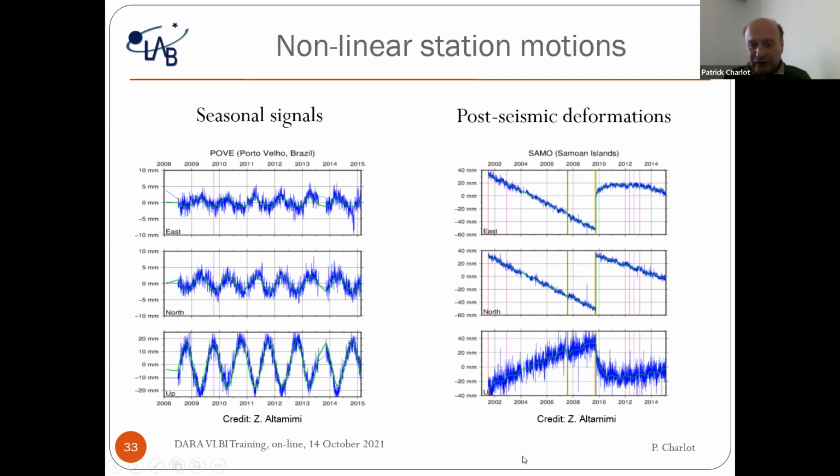You see here on the right that you have some nonlinear effect, especially in these two components. If we continue to observe, we will probably get the same velocity at some point, but it will take time. So you need to account for these deformations, which are not linear.